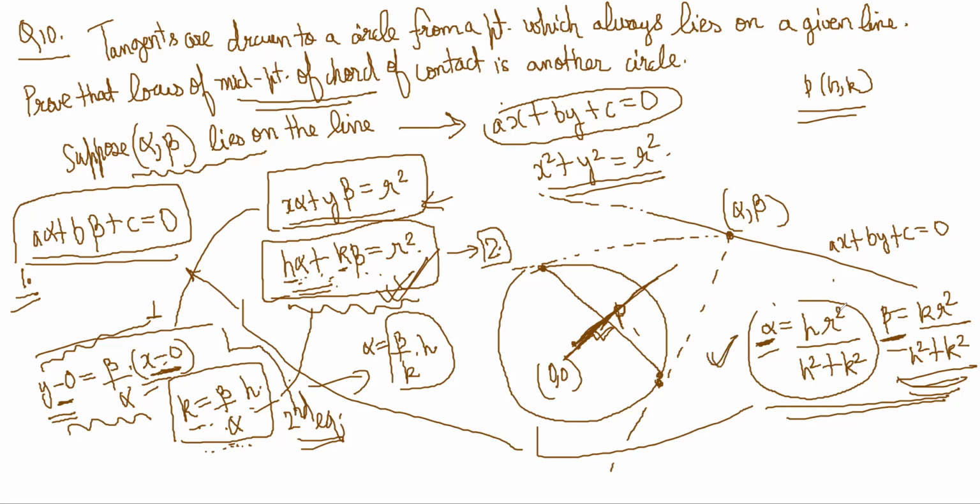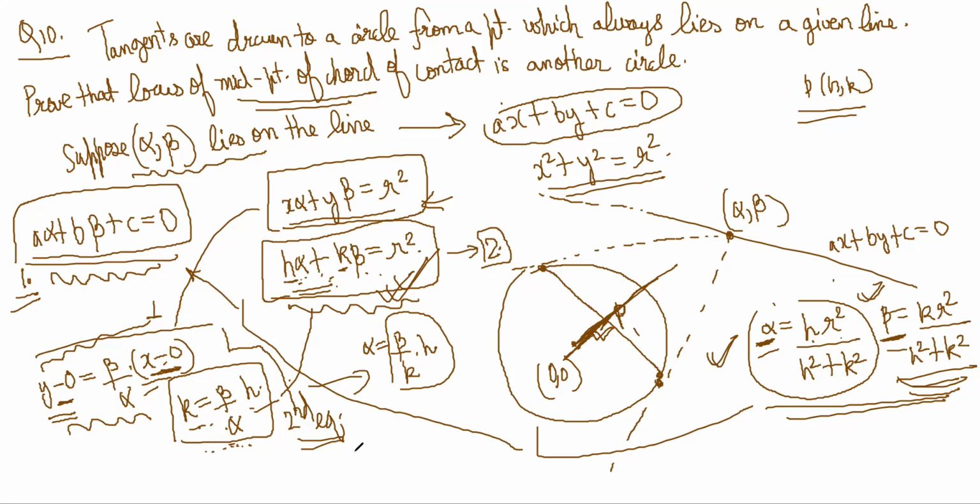Once you know alpha and beta in terms of h and k, I can put that in this, right? Correct. If you put that in this, you will get an equation which is in terms of h, k and r, and also the constants a, b, and c. So everything is known in that. The only variables are h, k, and r. Okay. Now I can do it.